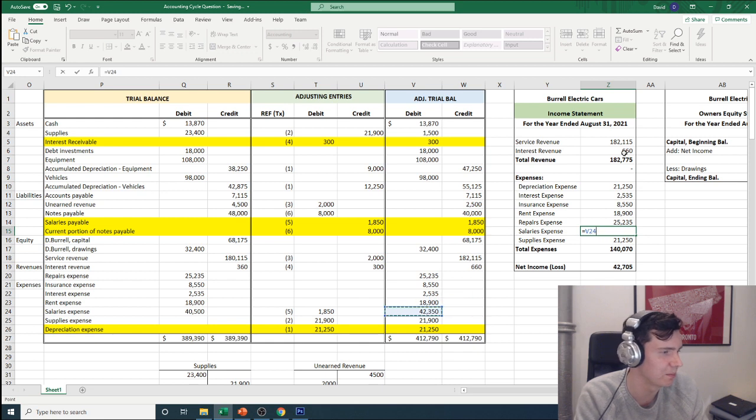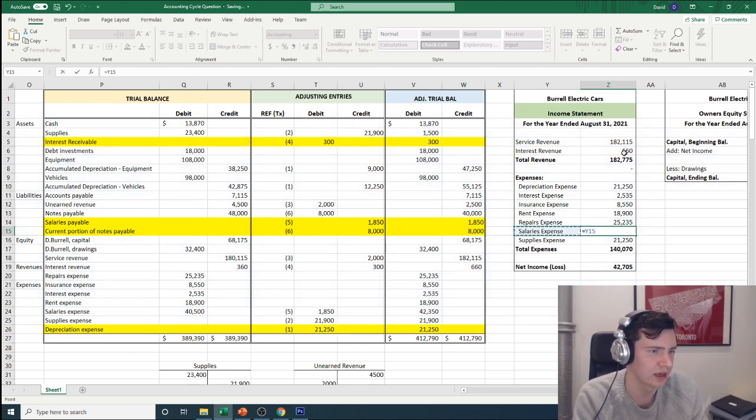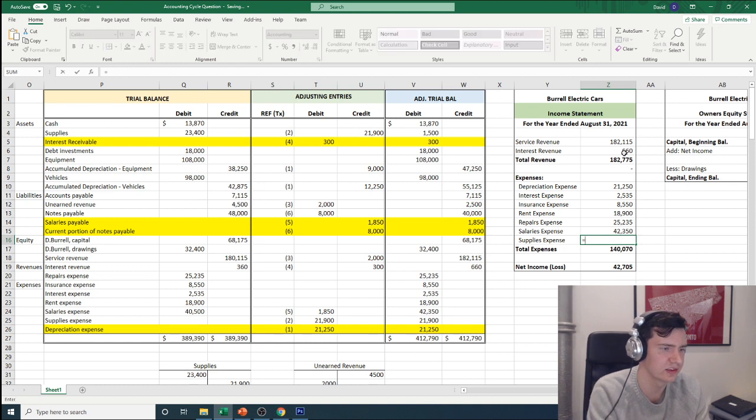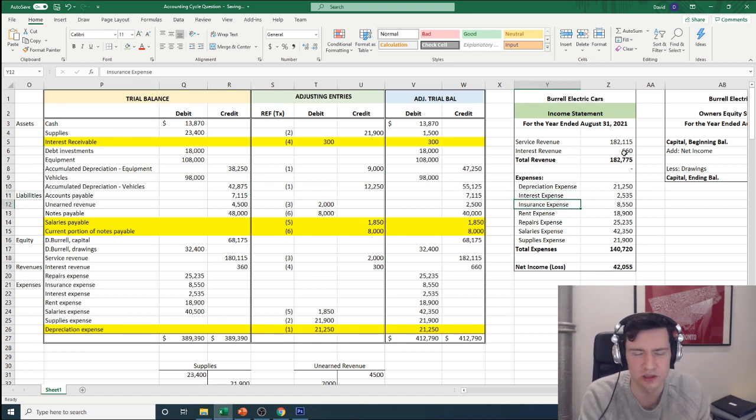This becomes a very mundane task of going down all of them, but it's necessary. So salaries expense, and then supplies expense is our final one. And that should be everything. I think I've captured every expense account: depreciation, interest, rent, salaries, repairs, supplies. Okay, so that's all good.